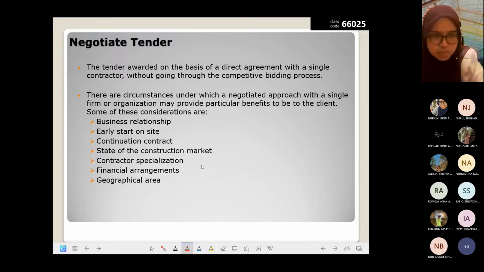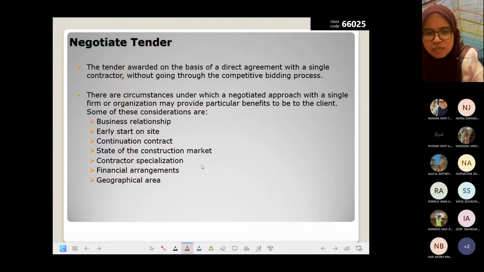Then we have negotiate tender. The tender award on the basis of a direct agreement with a single contractor, okay, without going through the competitive bidding process. So directly dia dah ada selected contractor, terus bagilah. Okay, then they negotiate. So this is because of the business relationship, memang dah lama kan, kawan baik ke kan. So ataupun dia nak cepat siap kat site.